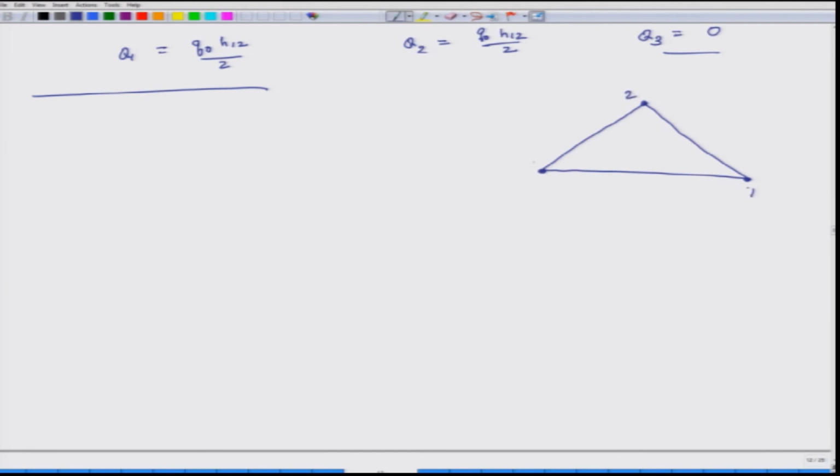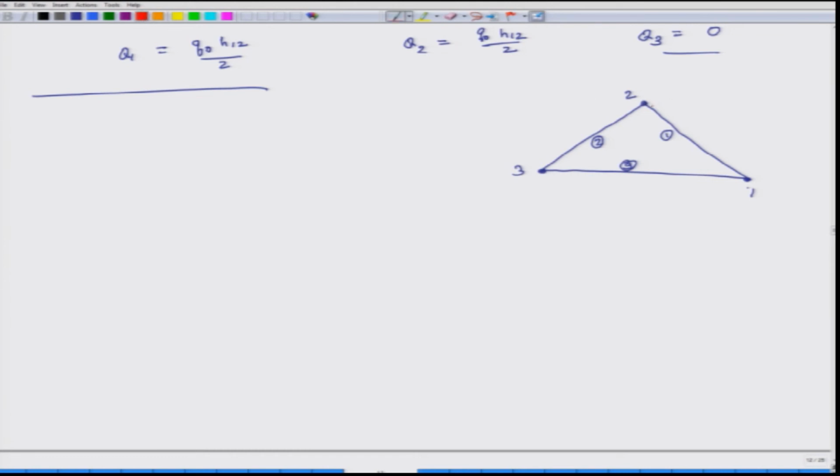One, two, three. So, this is side 1, side 2, side 3, and two exposed edges. Let us say the exposed two unshared edges are this.